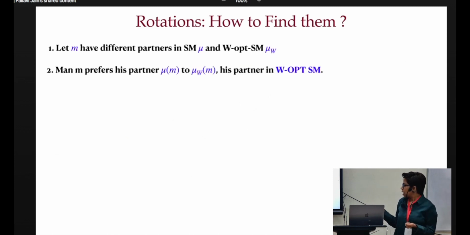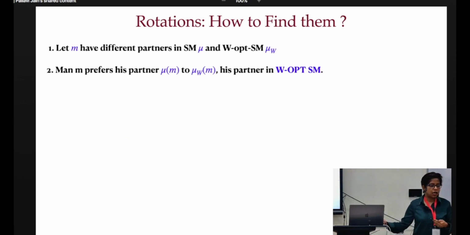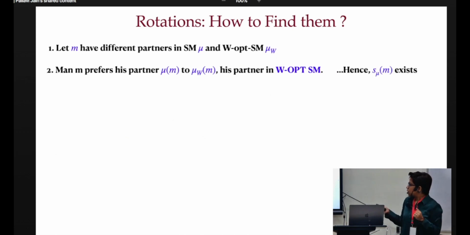Okay. Now, clearly we know that because of the dominance property, a man will prefer any stable matching more than the woman optimal stable matching, because the woman optimal stable matching is the uniquely worst stable matching from the man's perspective. So because of this condition alone, we know that with respect to mu, the successor function can be defined.